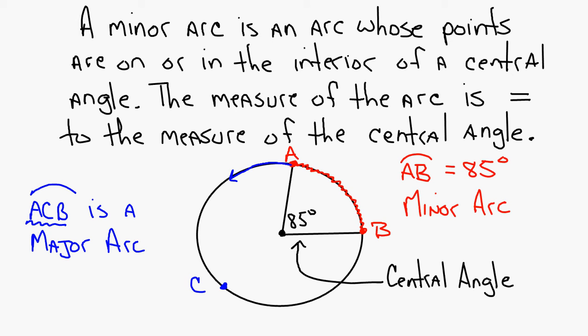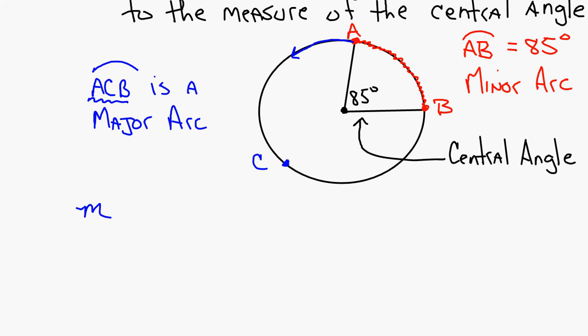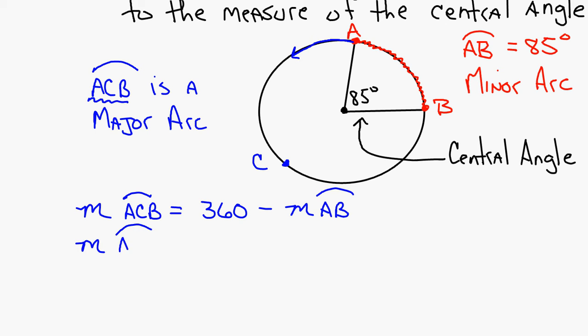So in this case, the measure of arc ACB is equal to 360 minus the measure of arc AB. So the measure of arc ACB equals, what's 360 minus 85? 275?